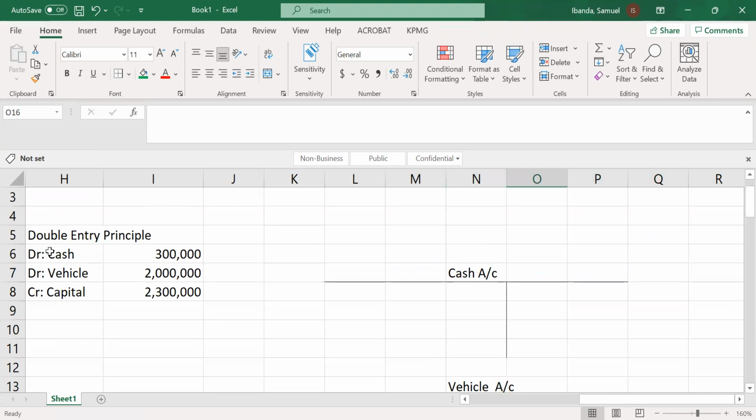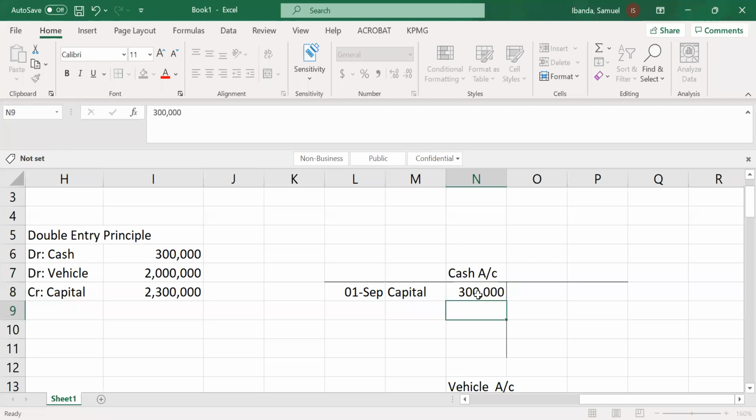So if I say debit cash, I'll come here on that day, 1st of September, and say capital. Now again, in the ledger, I'll not say cash, I'll say the alternative account. I'll put 300,000 here.